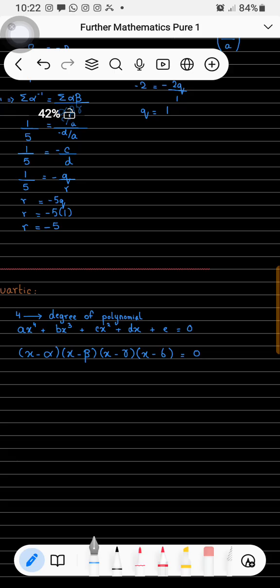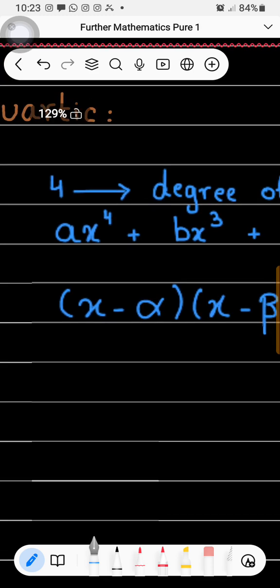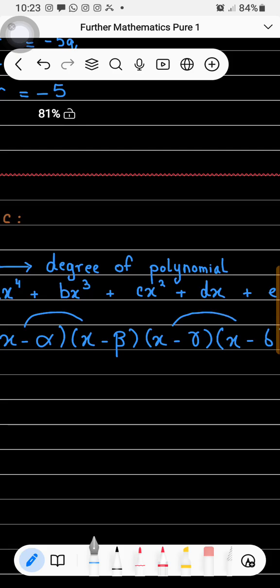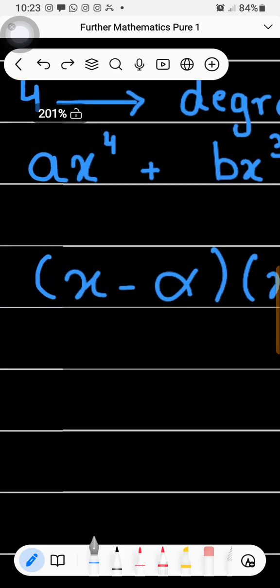There will be too much algebra, intensified algebra, so you have to stay focused. I will multiply these two brackets and these two brackets.